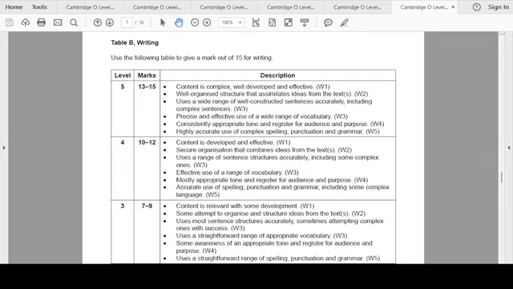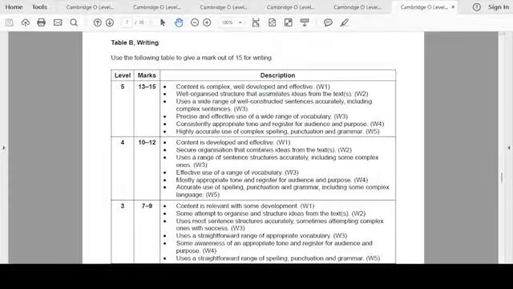It's not just point, point, point, point, point written as a paragraph. You've gone for, against, analysis, evaluation mixed in, but in a coherent way that makes sense with proper organization. So content is complex, well developed, and effective. So it does its job.